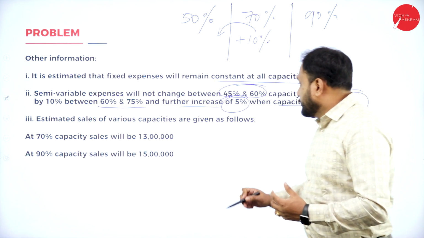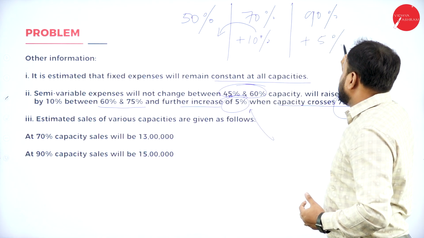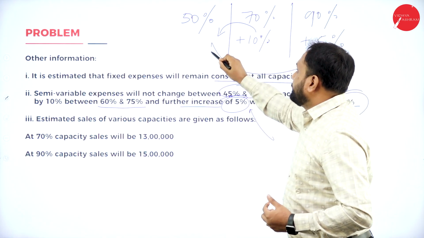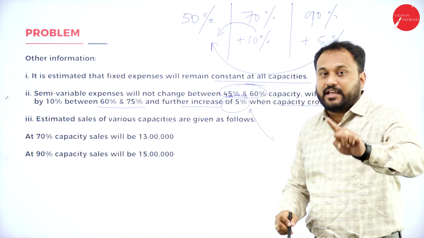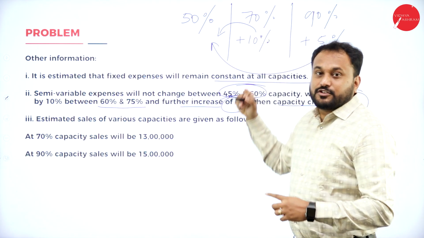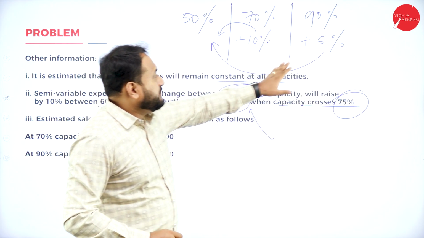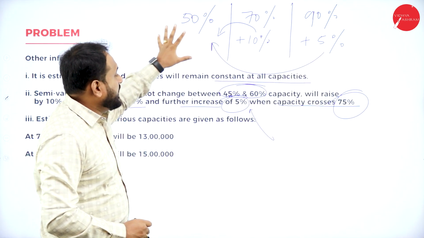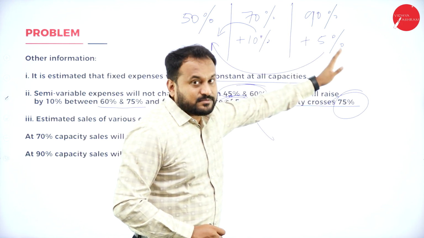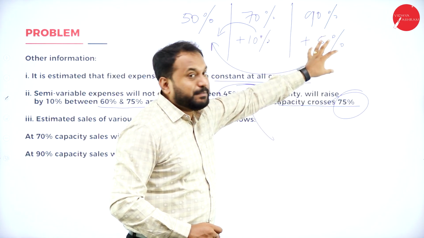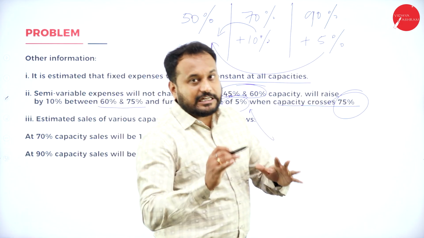So you need to add 5% on the 50% value, whatever is there. Please do not increase after this. You are not supposed to increase on the 70% figure you got. You are supposed to always increase 5% from the 50%. Further increase by 5%, the base is 50% only. So this is what you should be very clear about.